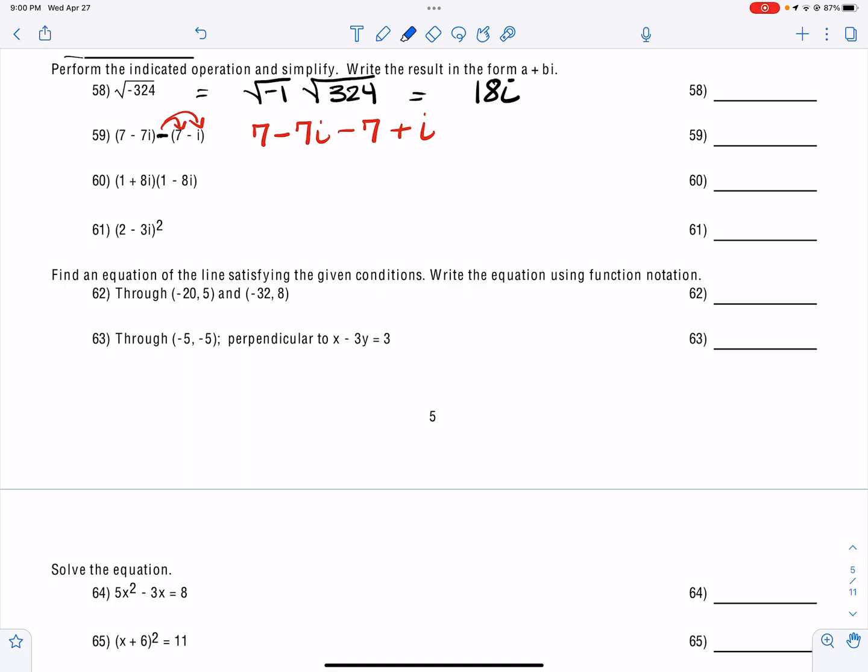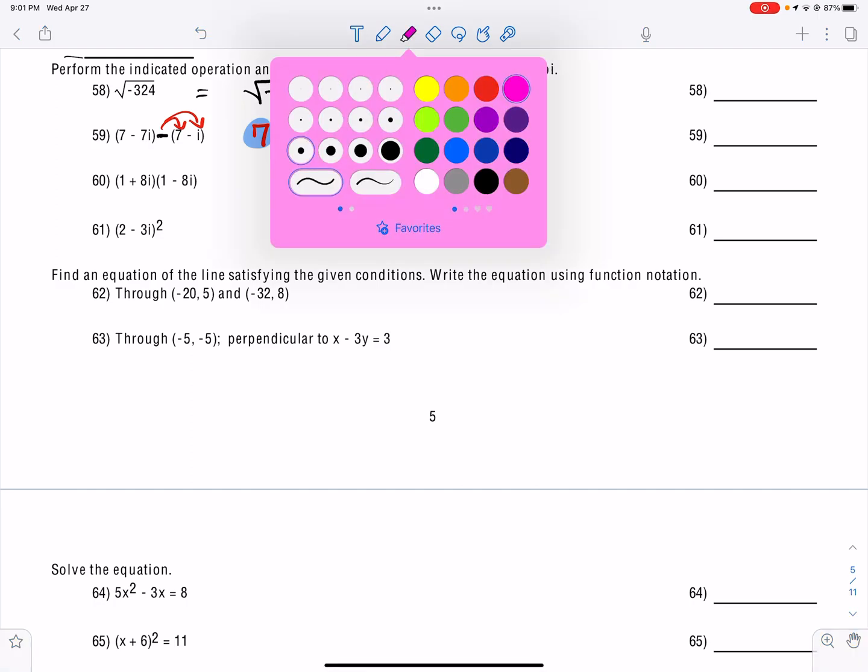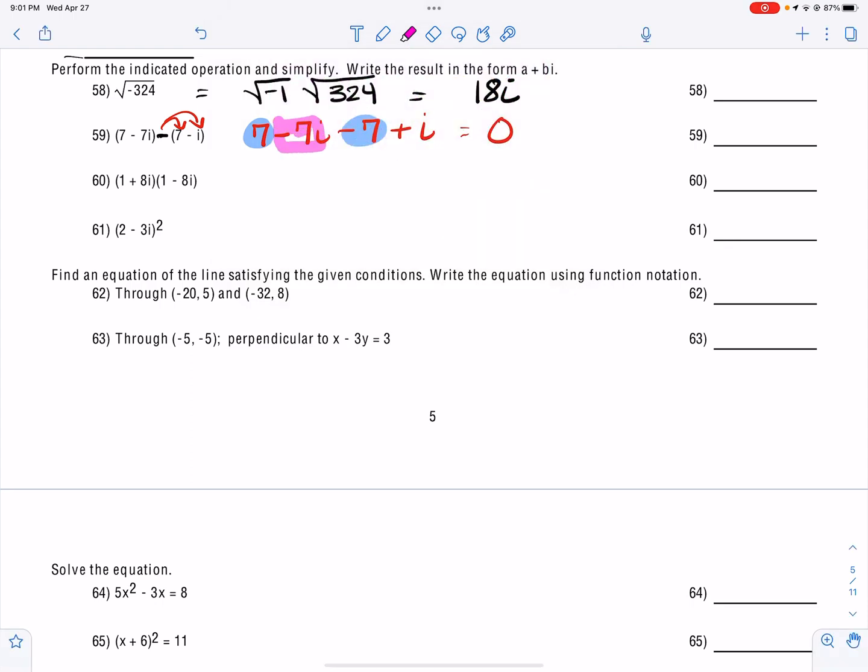Then I'm going to collect like terms. 7 minus 7 is 0. And then I'm going to look at -7i and positive 1i makes -6i. Now, technically, you don't have to write the 0, but in a plus bi form, that would be how I would write it.